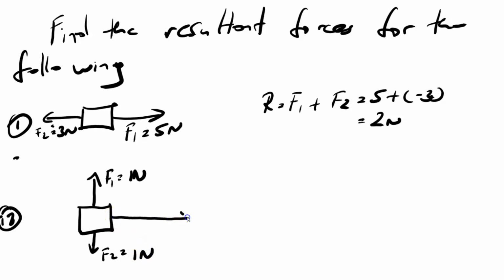I have a force going this way, let's call it F3, 3 newtons. I have a force going this way, let me call it F4, and let me make it 1 newton. And I'm going to add another force here, let's call it F5, and I'm going to make it 2 newtons.